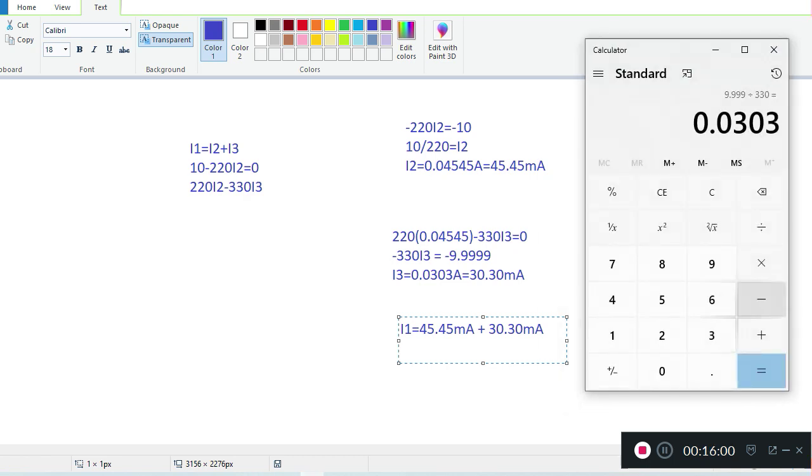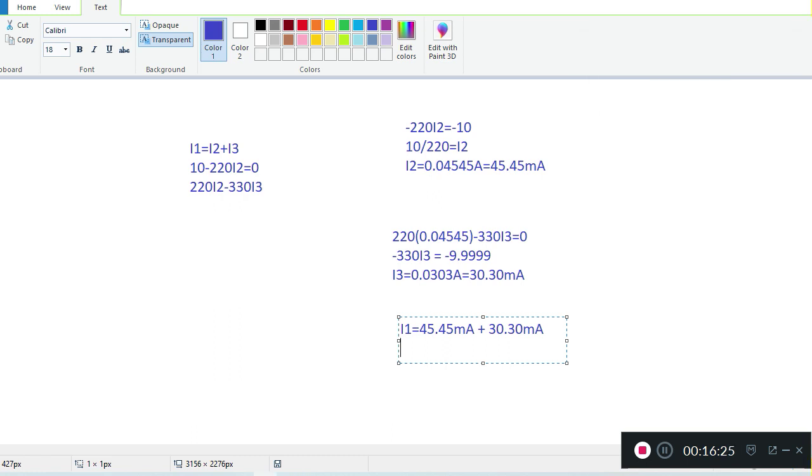So here I have 45.45 plus 30.30. If I do that, what do I get? I get 75.75.